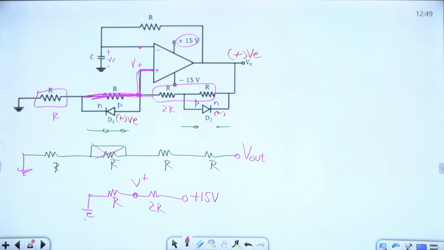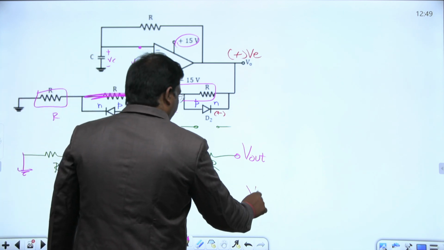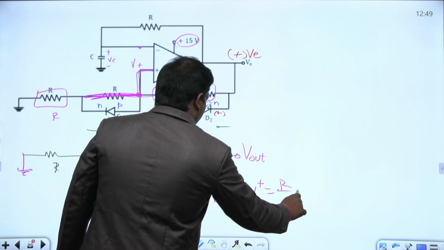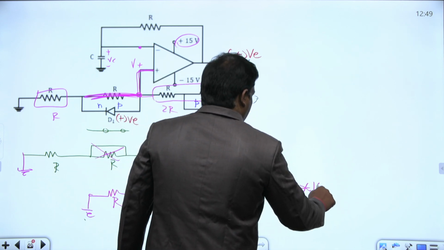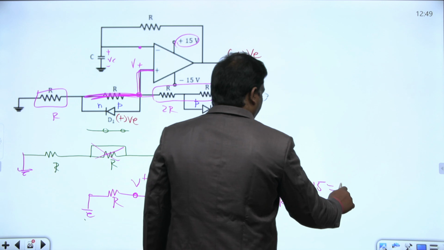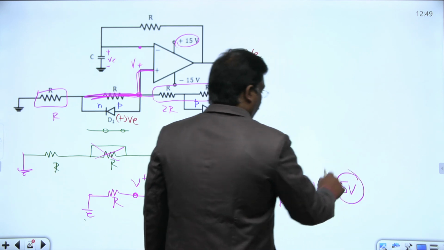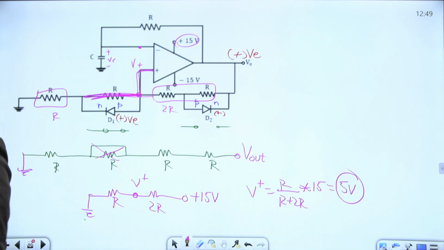By the voltage division rule, V plus is nothing but R by the total resistance R plus 2R, into 15. This is 15 by 3, 5 volts.